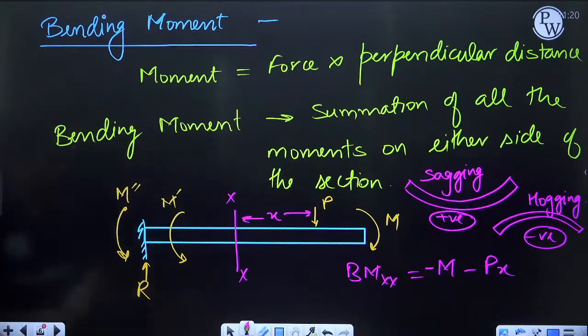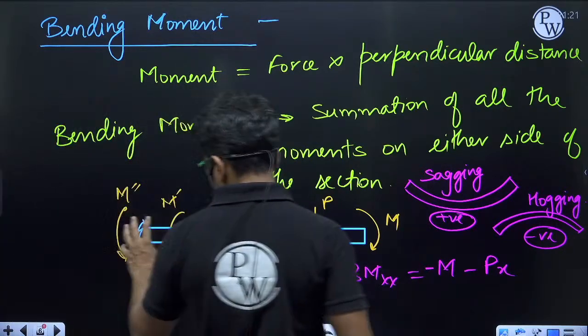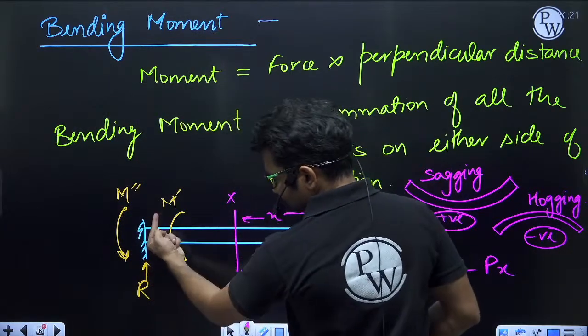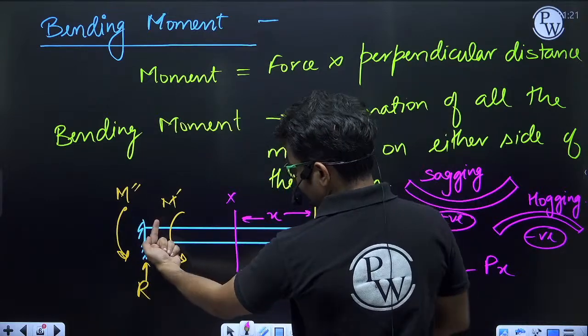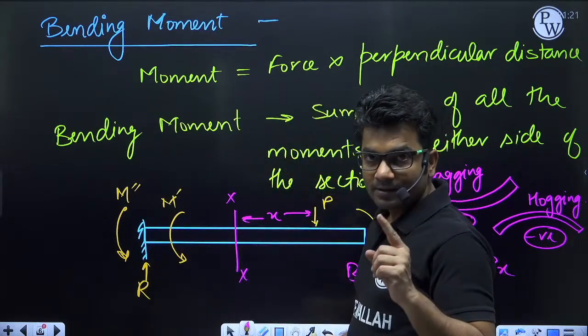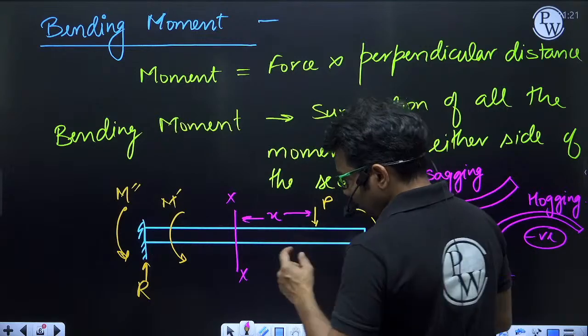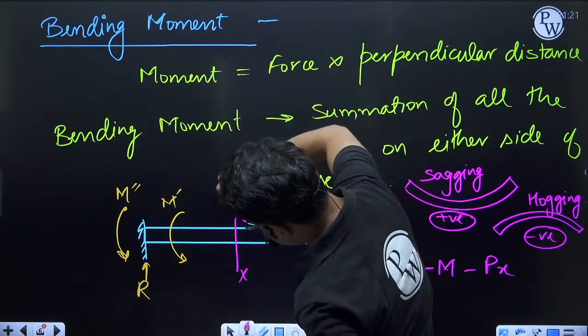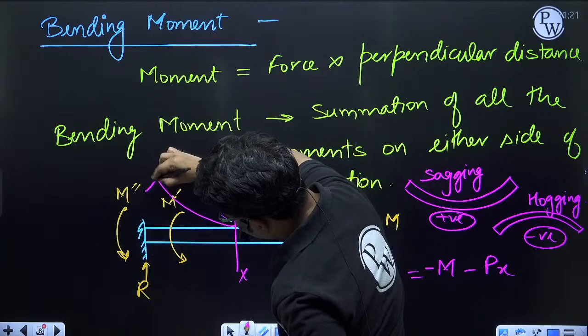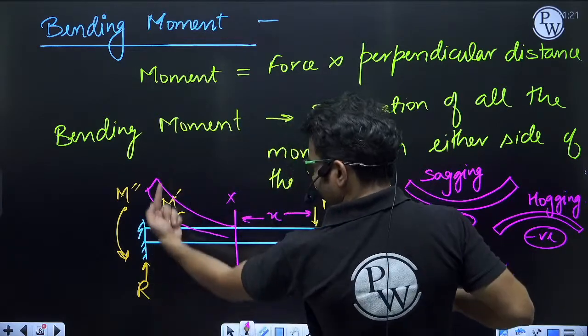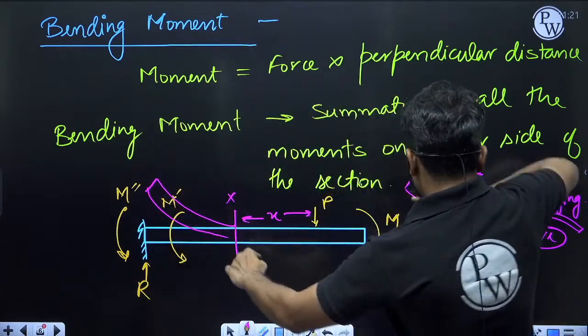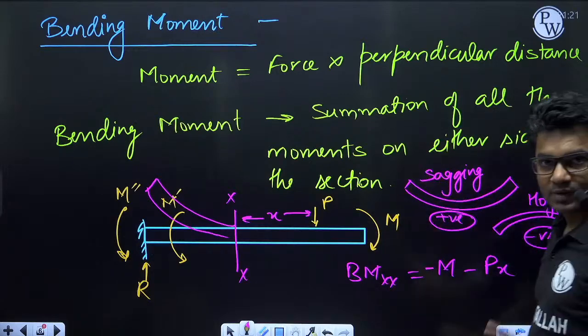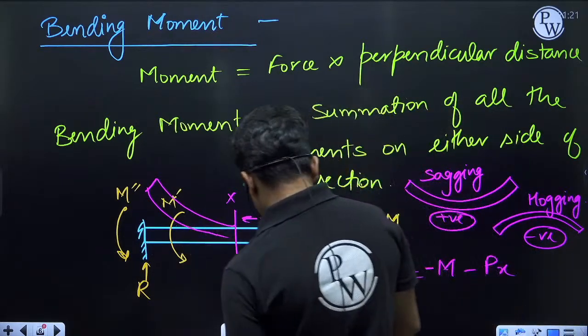And if I calculate from this side, because of this support reaction R, I will be getting sagging bending moment. Why? Because R will have a tendency to bend the beam like this, sagging, so R will give me positive bending moment.